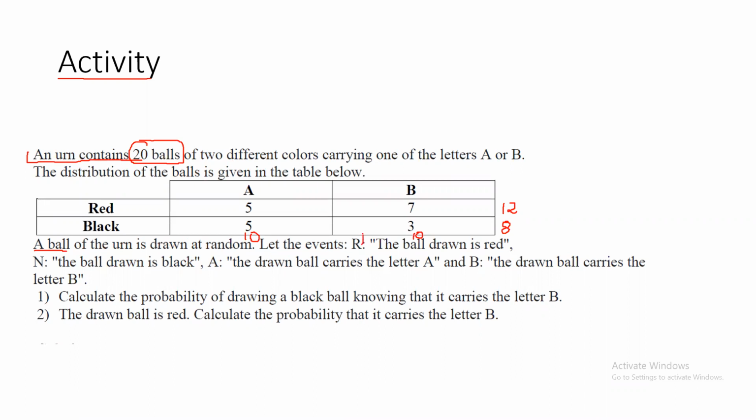Let the events be: R, the ball is red; N, the ball is black; A, the drawn ball carries the letter A; and B, the drawn ball carries the letter B. So we have 4 events: R, N, A, and B.